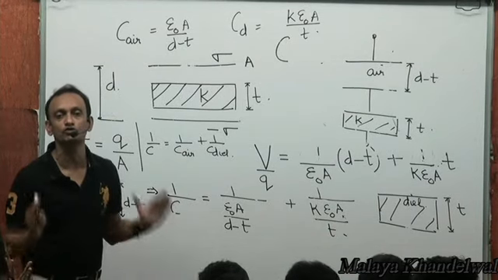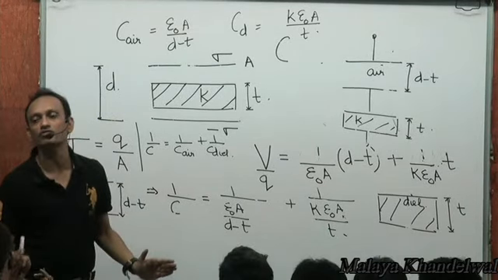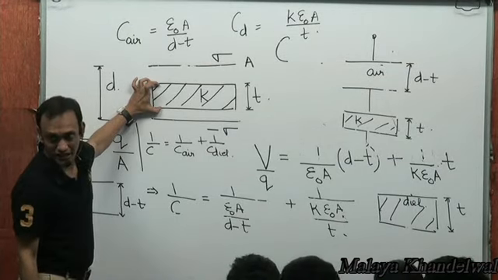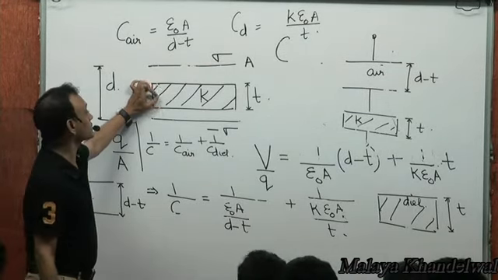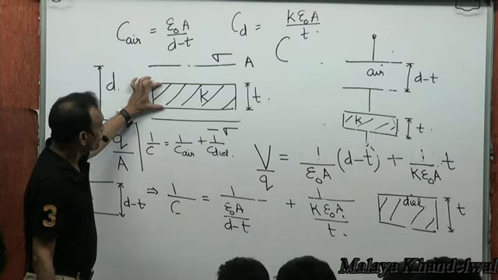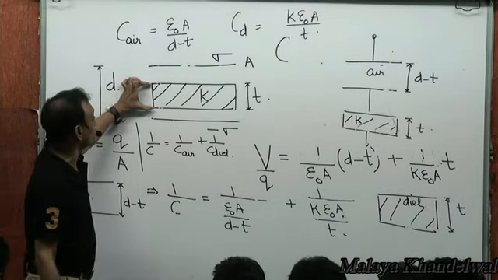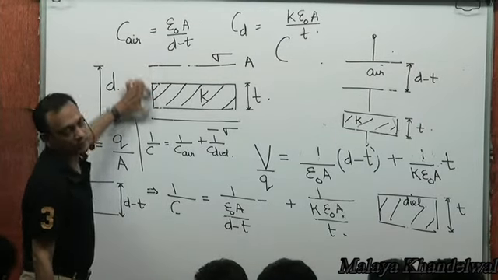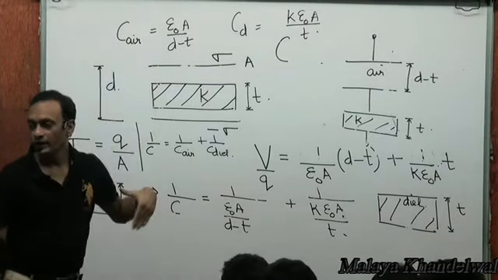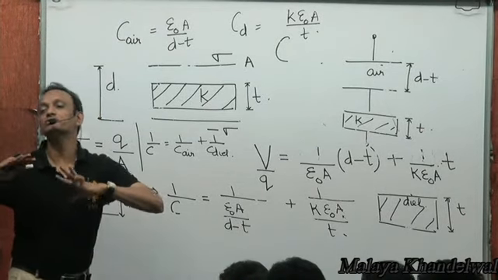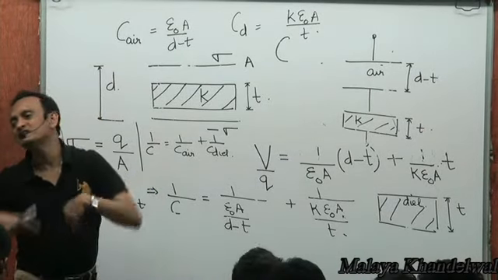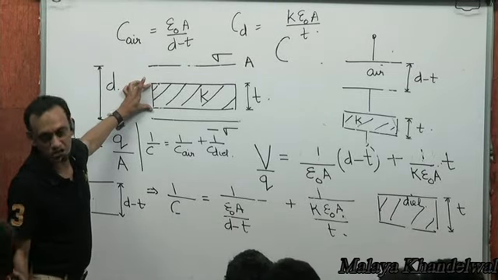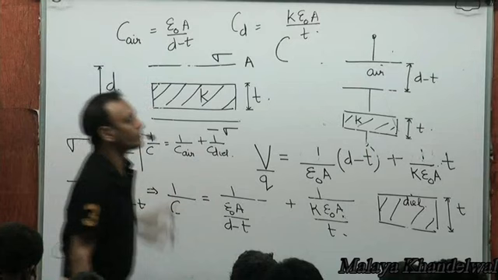In a conductor the electric field is 0, so there would be no potential drop in T units. The entire potential drops only in the air portion. It's just like an air capacitor with separation between the plates D minus T. The T units will become ineffective if this was a conductor. Clear?